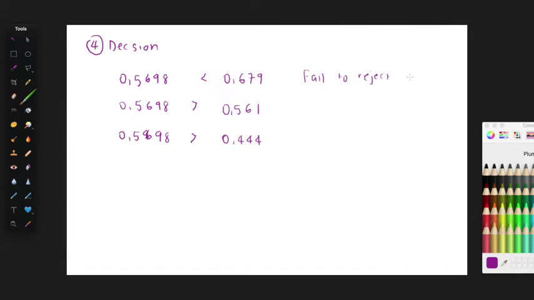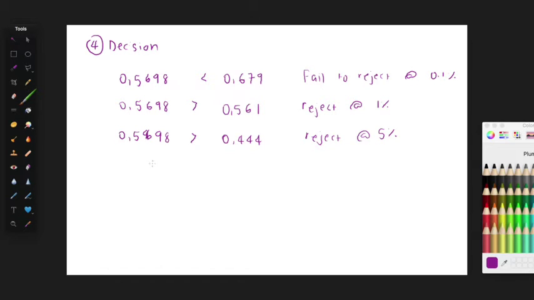Remember, this is at 0.1%, and here we're going to reject the null hypothesis at the 1% and reject there as well at the 5% significance level.